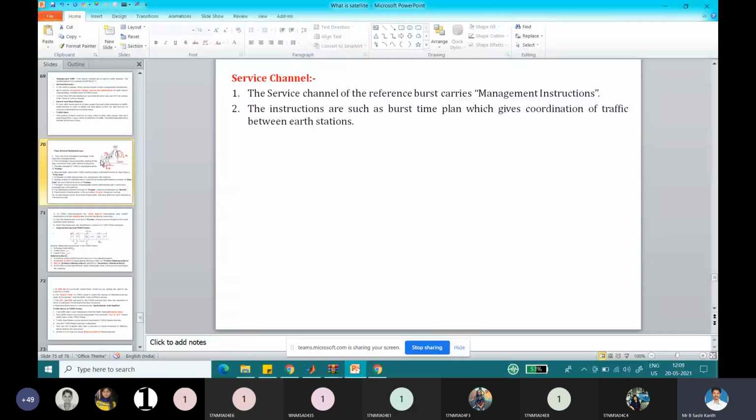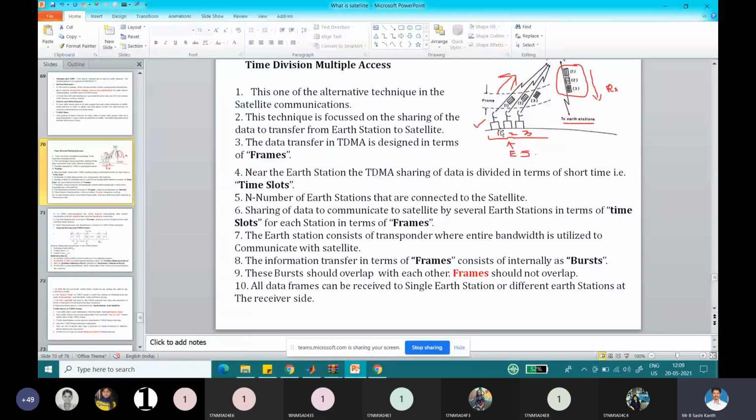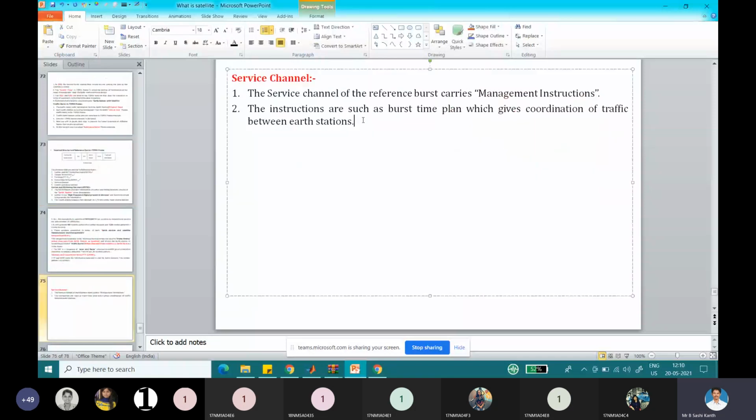So there should be synchronization and coordination between the multiple earth stations, which you are seeing here in the figure itself. When you have the synchronization between the multiple earth stations, then we can send the data to the satellite with the coordination. That is the important one here. That is being looked after in the service channel.